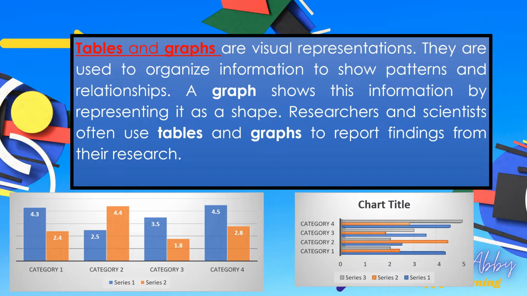Researchers and scientists often use tables and graphs to report findings from their research. Below are some examples of graphs, and there are many kinds of graphs, but for today, we are just getting to know how to interpret these graphs and tables.